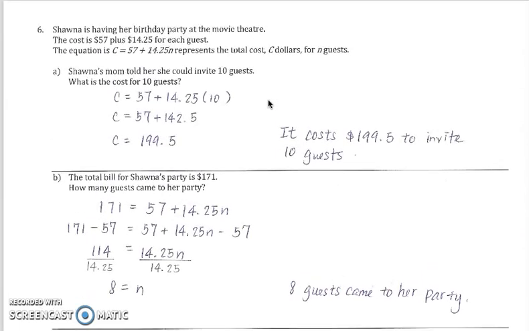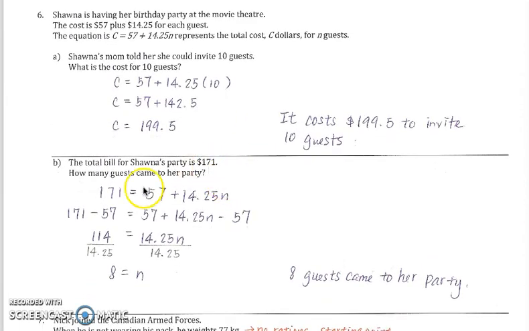So this is working backwards. We know the cost, so replace C with 171 equals 57 plus 14.25n. This turns into an equation that we need to use inverse operations to solve. We have 171, take away 57 to equal 14.25n.